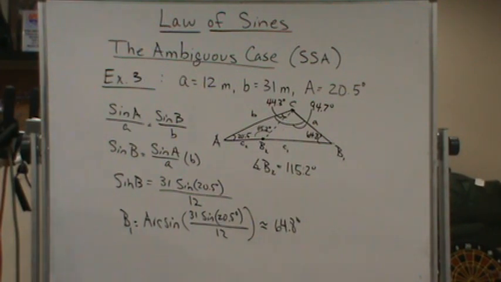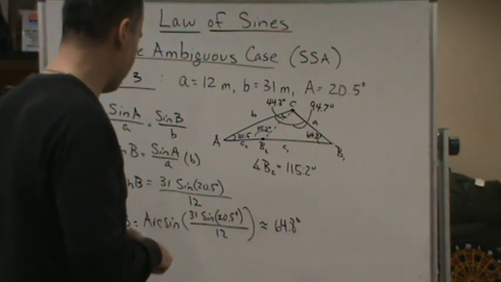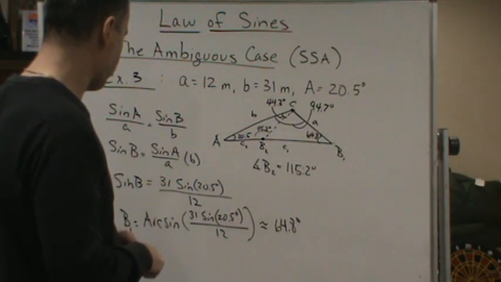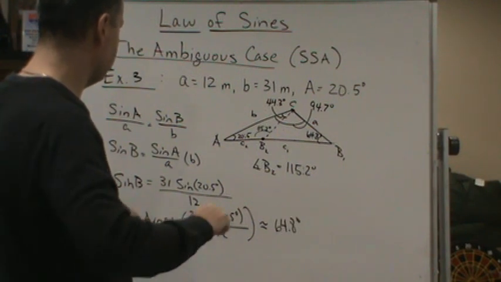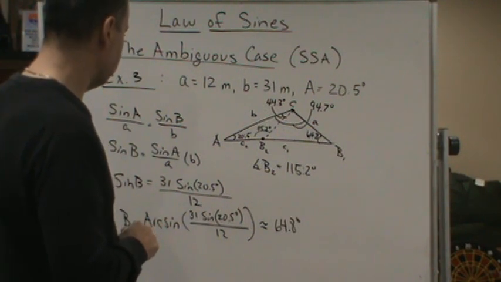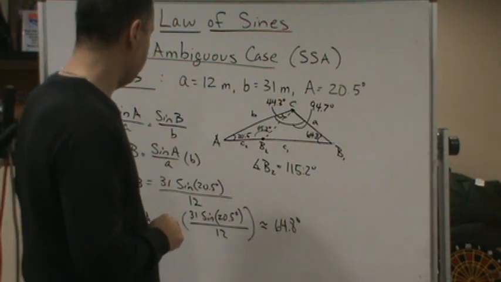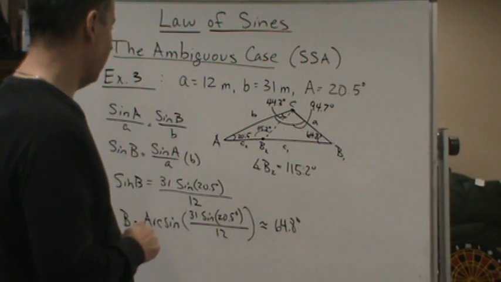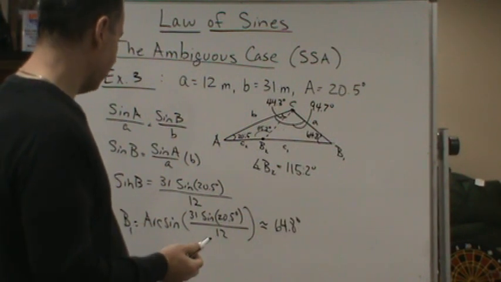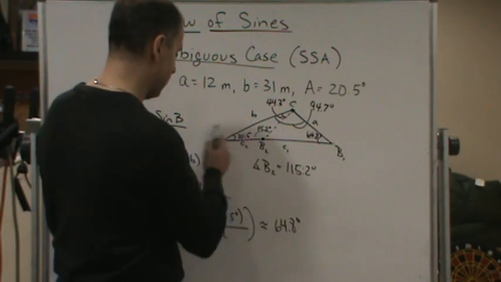Okay, so now we've got two triangles. Now we can solve for both triangles. We know A, we know B, so basically it just depends on what C1 and C2 are going to be.